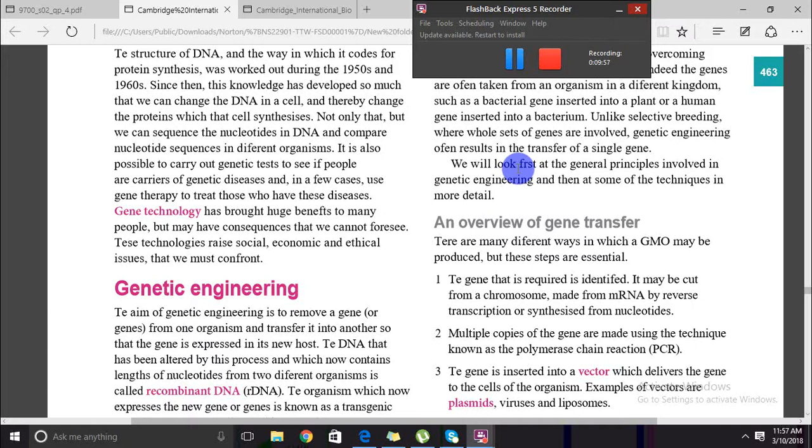So in this scenario, it is the DNA of the E. coli, to which the insulin gene has been transferred, which will be termed as recombinant DNA. So formally we may define recombinant DNA as DNA that contains lengths of nucleotides from two different organisms.